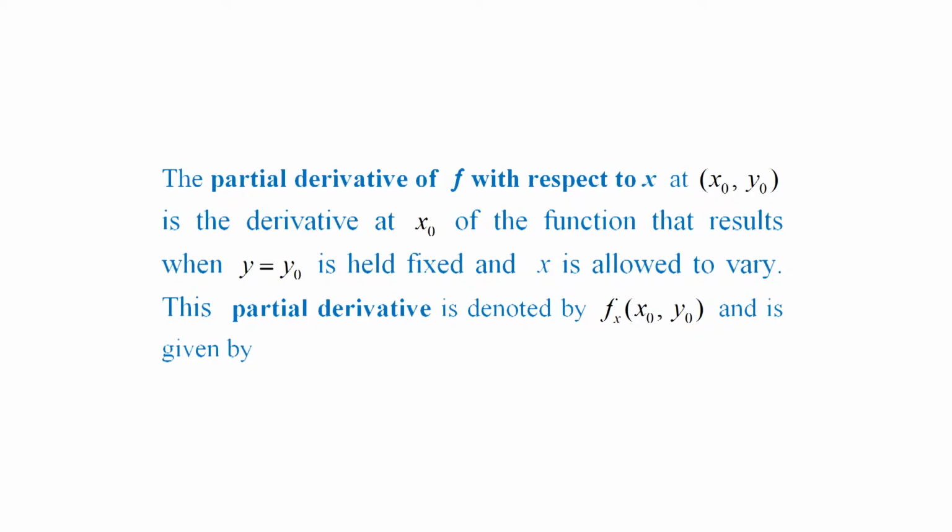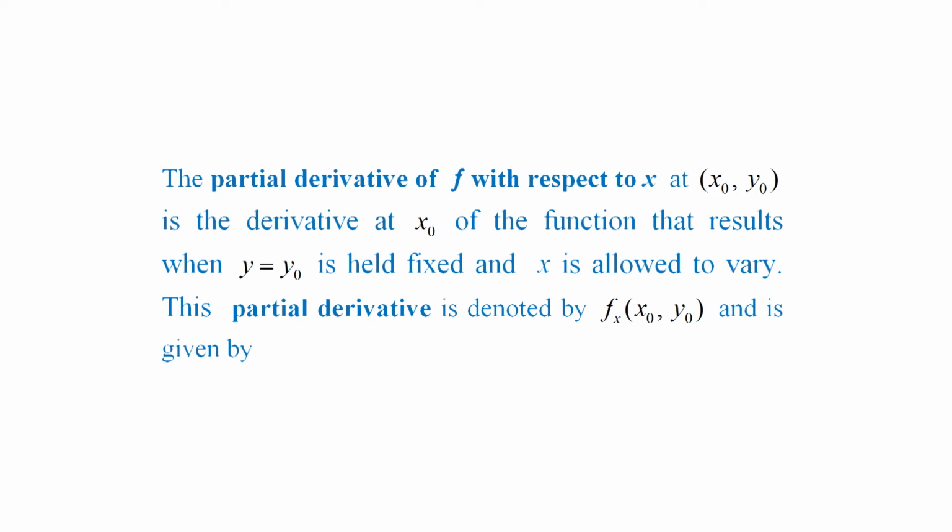If (x naught, y naught) is a point in the domain of a function f of two variables x and y, then the partial derivative of f with respect to x at (x naught, y naught) is the derivative at x naught of the function that results when y is equal to y naught is held fixed and x is allowed to vary.